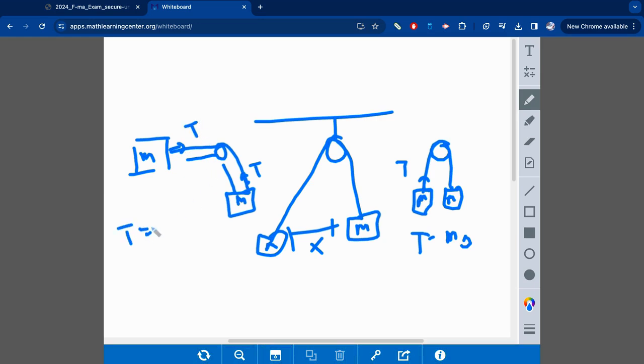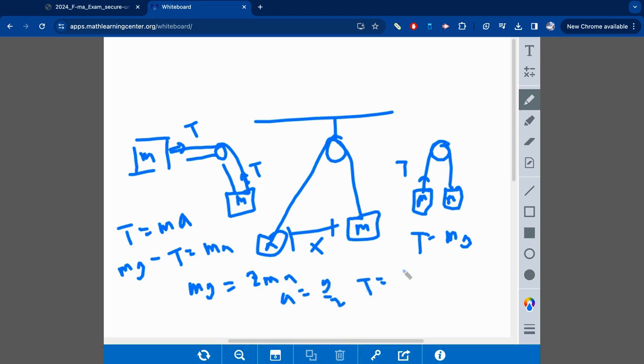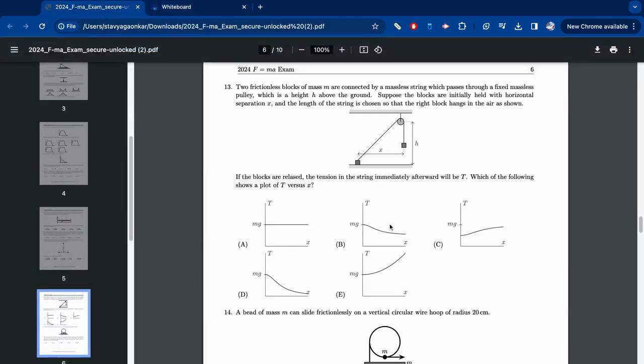So T equals ma, and you also have that mg minus T equals ma. If we add these two equations together, we get mg equals 2ma. So a is g over 2, which means that T equals mg over 2. The only option that satisfies this is option B. So that's our answer.